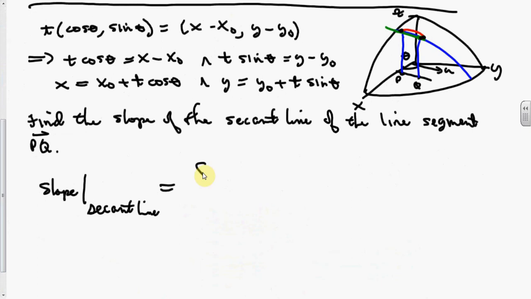This is equal to f of x, y minus f of x naught, y naught, all over. Here the numerator is the difference of the function values, divided by the difference of the values that happen in the plane of xy. So downstairs, the distance from PQ in xy happens to be the distance formula for PQ.